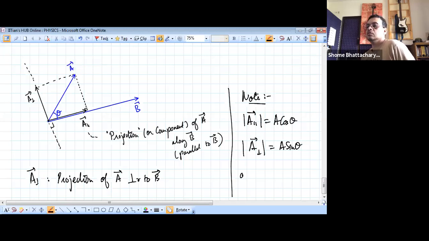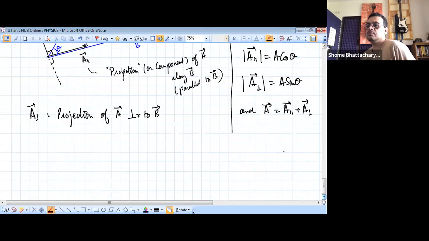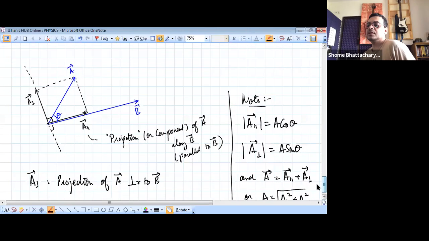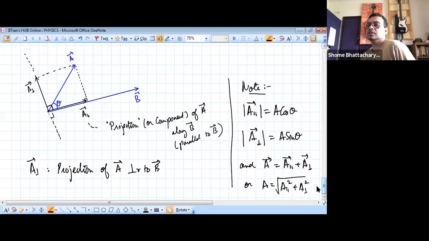And also you can understand one thing, that vectorially the vector A is the sum of the parallel component plus the perpendicular component. But since the angle between the parallel and perpendicular component is 90 degrees, so in terms of magnitude, we will say that A's magnitude is square root of the parallel component square plus the perpendicular component square. So if you missed this part in the lectures, please make a note of this first.